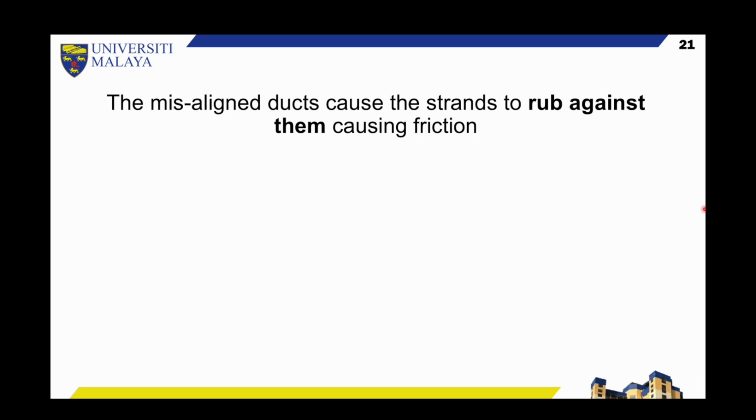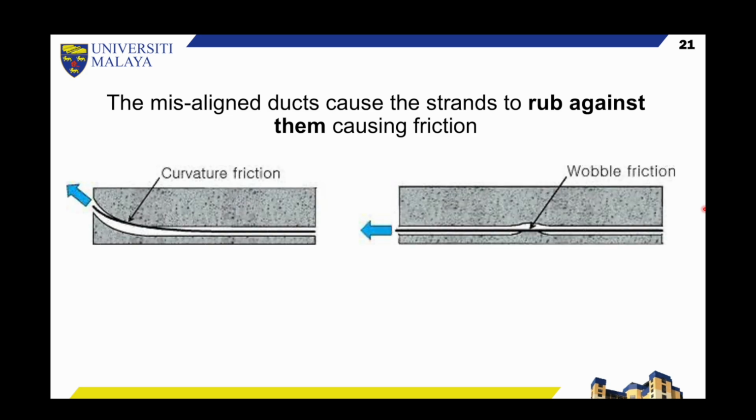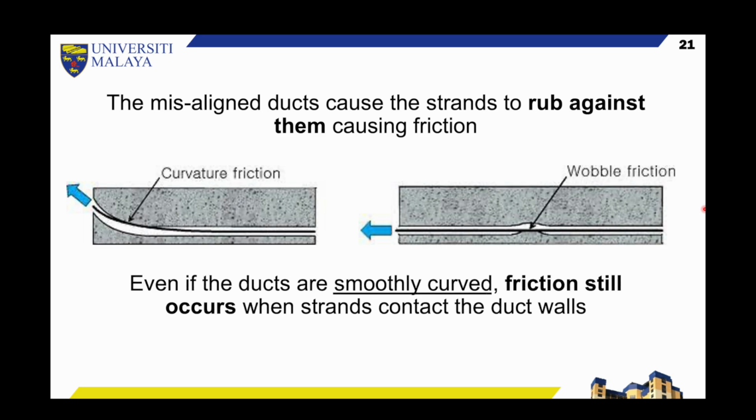There are two types of friction as well. One is called curvature friction, while the other is called wobble friction. And even if the duct were smoothly curved, like you achieve perfect curvature, friction still occurs because the strand, sooner or later, at some point within the beam, must touch the duct due to the nature of the geometry of the strand and the duct itself.